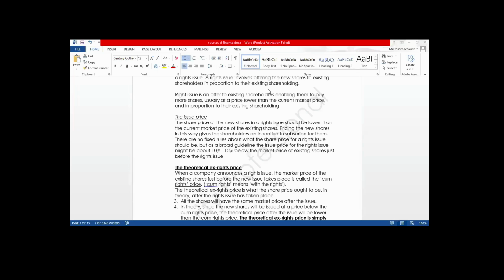One of them is the theoretical ex-right price. Please listen to this very well, because calculation will apply here. Theoretical ex-right price.